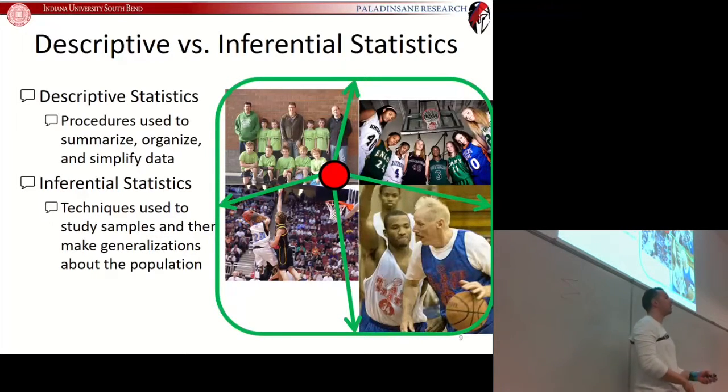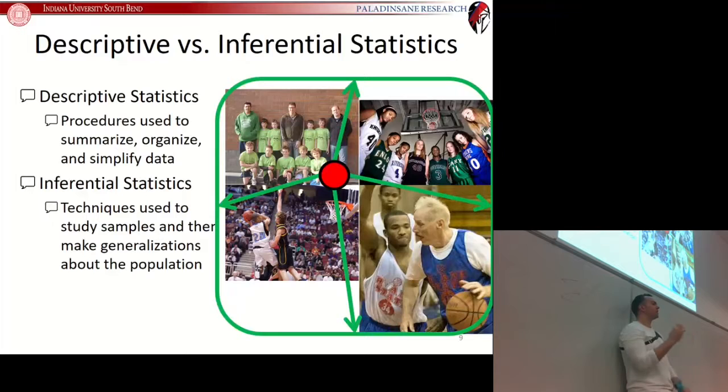Basketball players in general will develop these mental skills. And this is so massively important for psychologists because all of psychology is built on studying samples and then generalizing to a population.